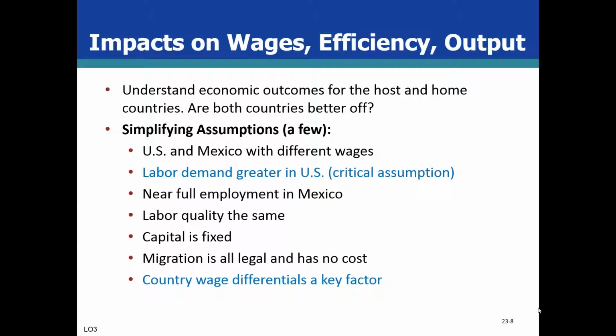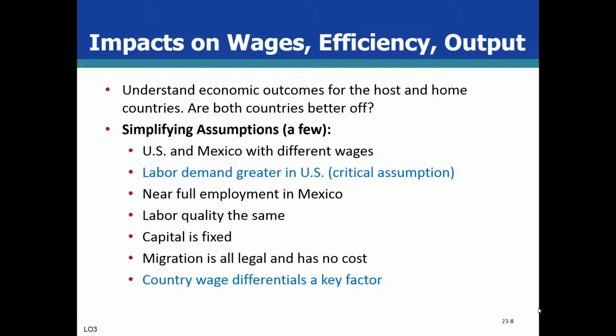So we're boiling down the assumptions to basically explain the difference between what happens to wages and what happens to output in both of these economies, and only that. So we're making some simplifying assumptions to get there.